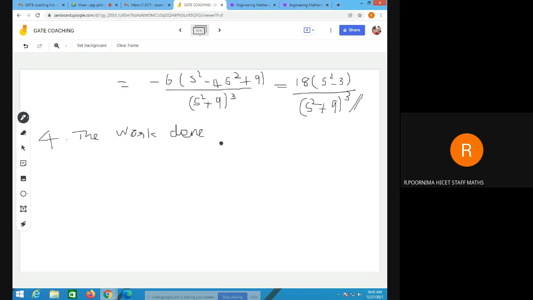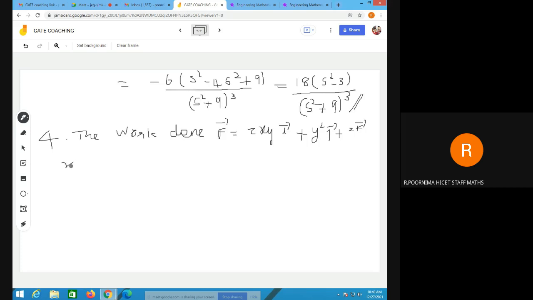So the work done by the force. Force is given as F vector equal to 2xy into i vector, plus y square into j vector, plus z into k vector, in moving a particle over the circular path.